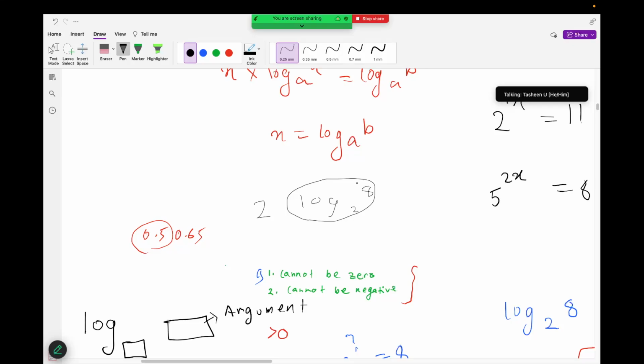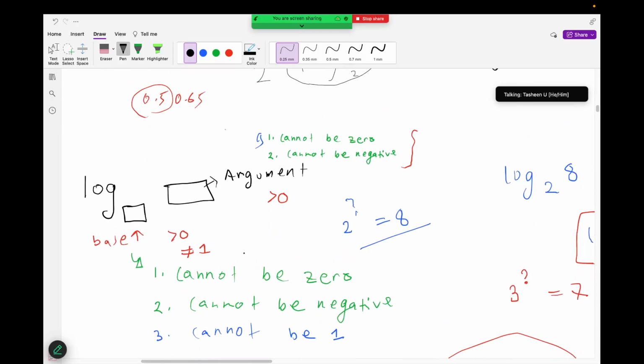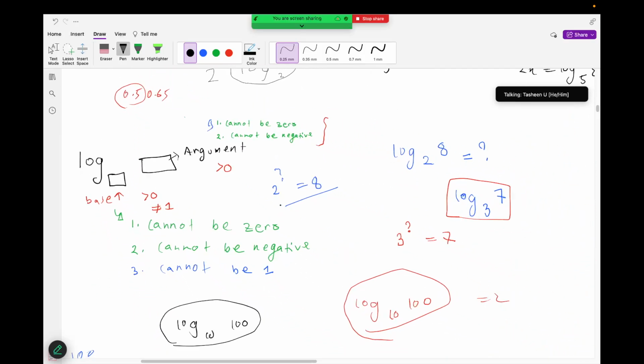So the reason you cannot have 0 is that you're asking to what power of 2 you must raise to become 0. You cannot make this 0 regardless of the power. 2 to the power anything, can it ever be 0? Anything to the power 0 is 1, so it cannot be 0. Because of these mathematical facts, you have to obey these rules.